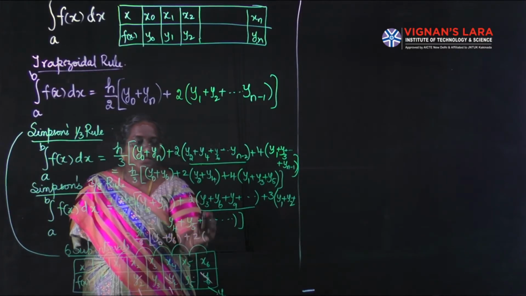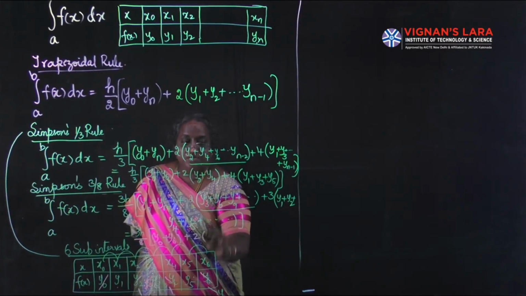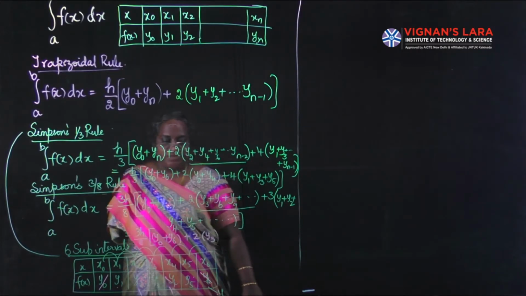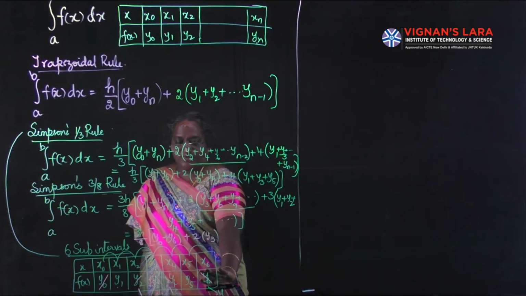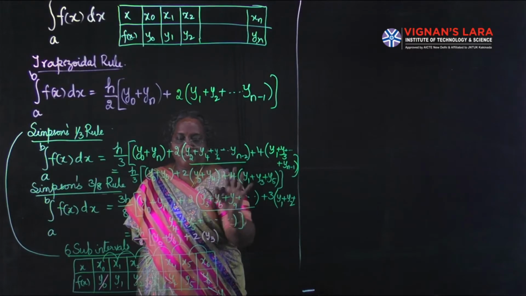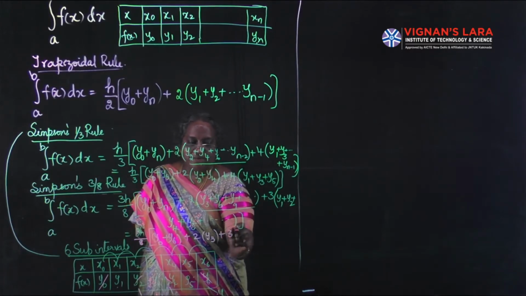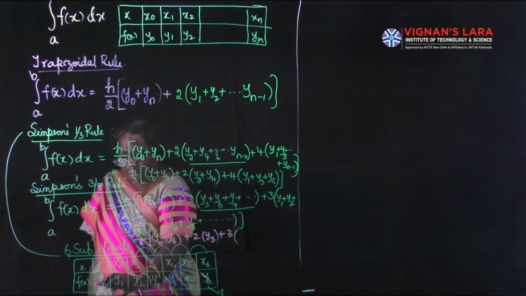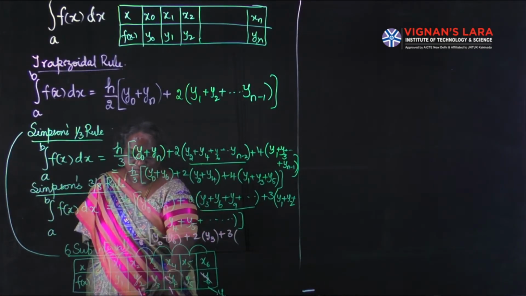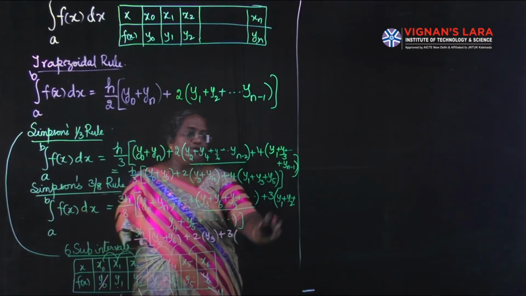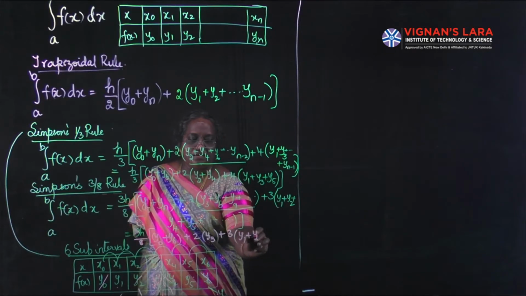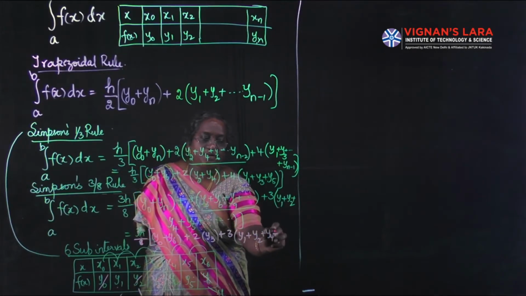Once you have used y6, you are not supposed to use it again. 2 times y3, that's all. Plus 3 times the remaining: y6, y0 and y3 are finished, so the remaining are y1, y2, y4, y5. 3 times y1 plus y2 plus y4 plus y5.